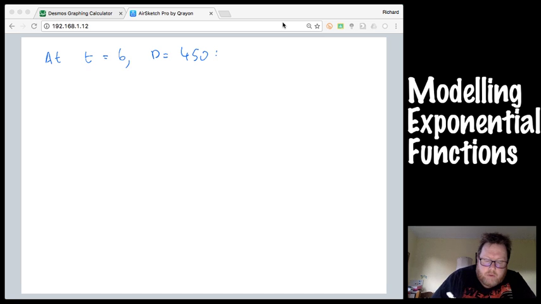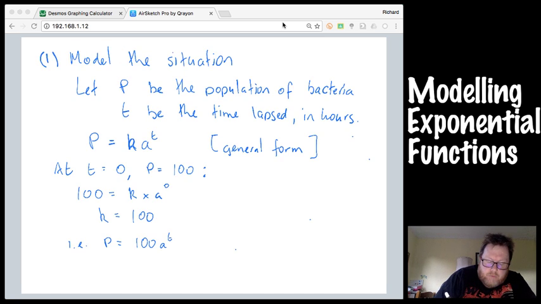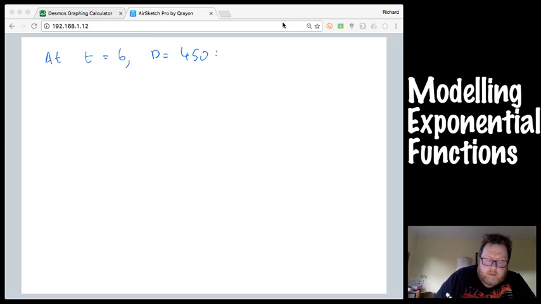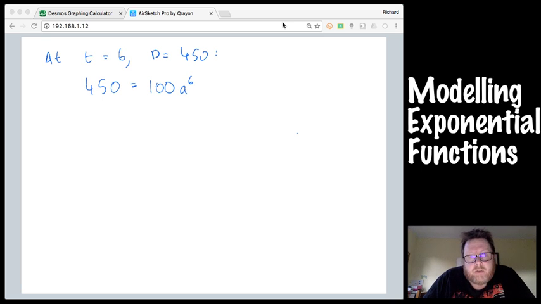So we can use our newly minted value for k, 100, to progress ourselves a little bit. So we can say the population, 450, is equal to k, which is 100, times a to the power of 6. So all we need to do is work out what a is from there. We can do that. We don't even need logarithms or anything. Let's just solve it.